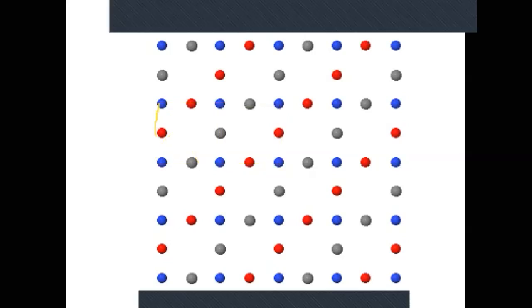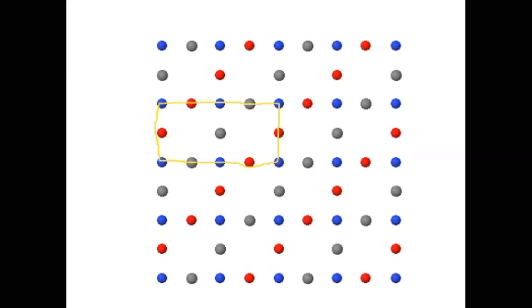What about if we include a series of 3 blue dots? So now if we translate, that one is identical, so that's good.